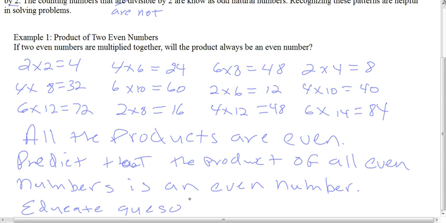We've taken an educated guess, or what is known as a conjecture. A conjecture.